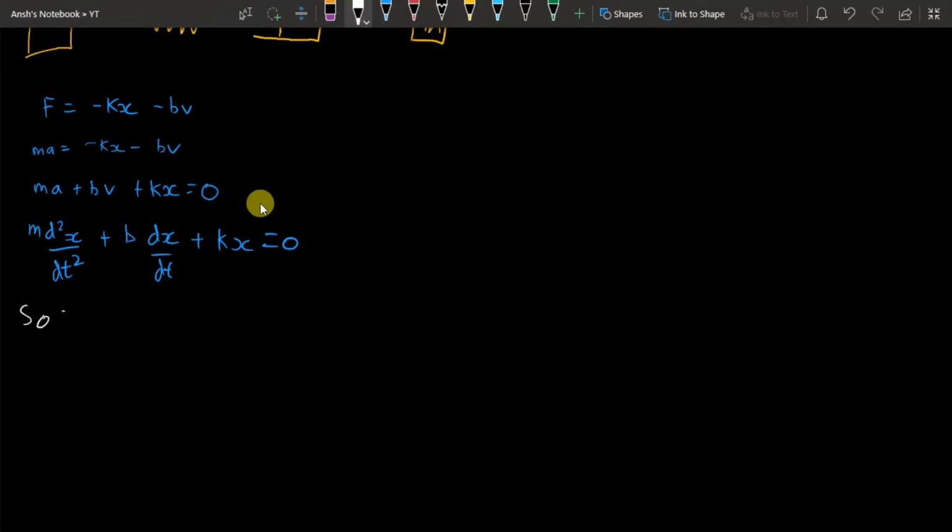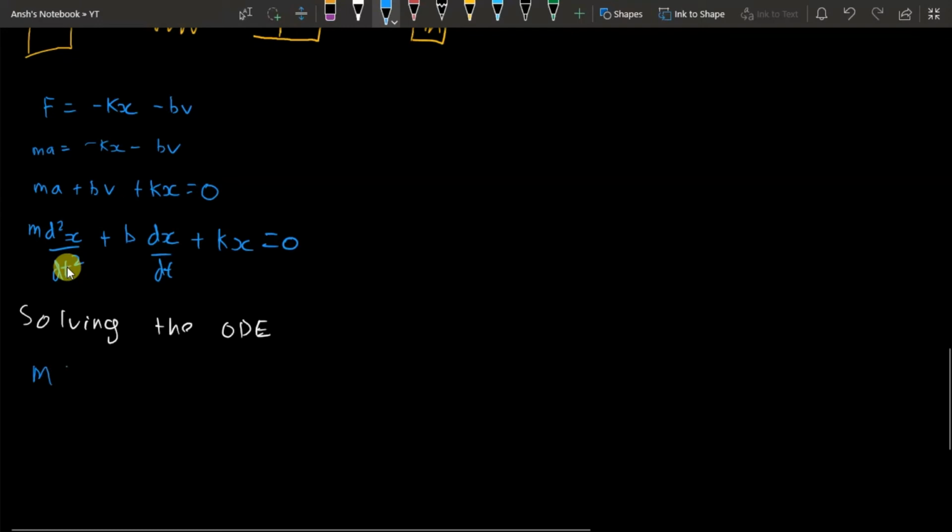So, solving the differential equation, the second order derivative term here will be written as D square. So let's do that. We have m D square plus b times D, the first order derivative, and the no derivative term will just be k.